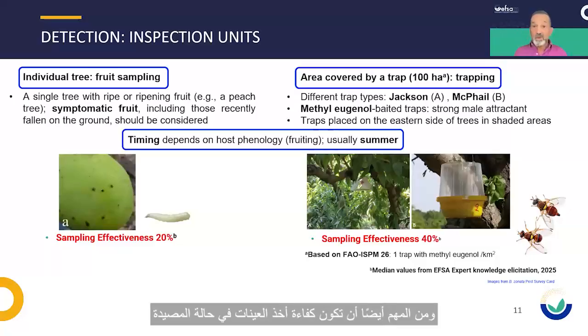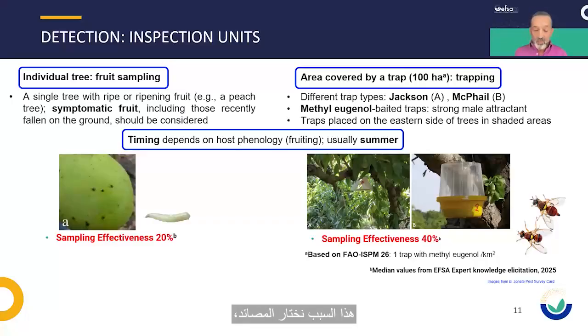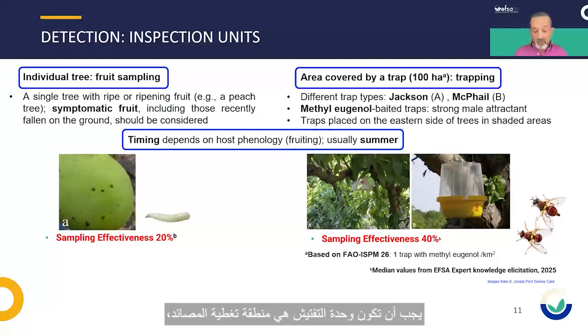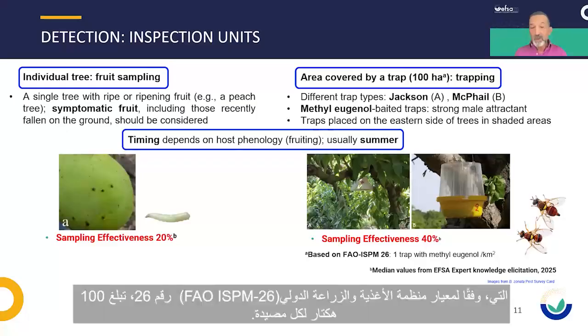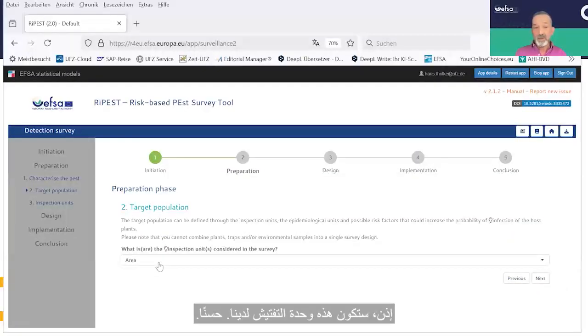Also very important is that the efficiency of the sampling is double in the case of traps compared to fruit sampling, 40 versus 20%. So that's why we go for the traps, and the inspection unit should be the area of trap coverage, which according to FAO, to ISPM 26, is 100 hectares per trap. So this would be our inspection unit.